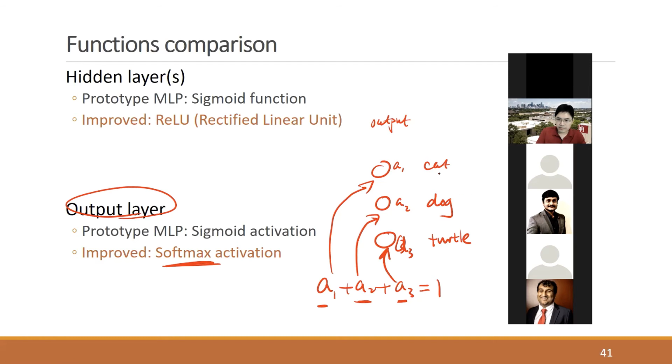But if A1 is very large, 0.9, A2 and A3 are going to share the rest of the likelihood. So maybe like this. So softmax makes sure that the activated values of all the output units will add up to 1. That's what it does.